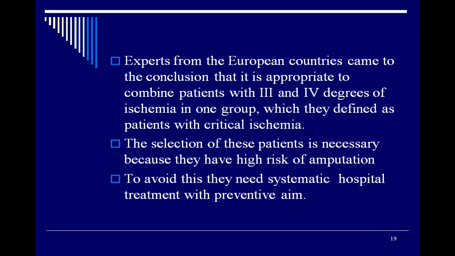Experts from the European countries came to the conclusion that it's appropriate to combine patients with third and fourth degrees of ischemia in one group, which they defined as patients with critical ischemia. The selection of these patients is necessary because they have a higher risk of amputation. To avoid this, they need systemic hospital treatment with a preventive aim.